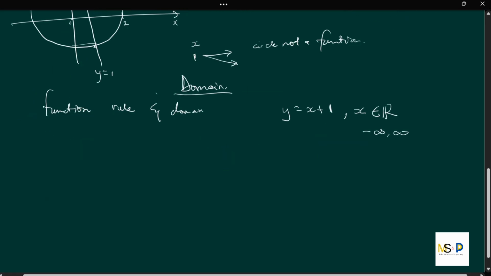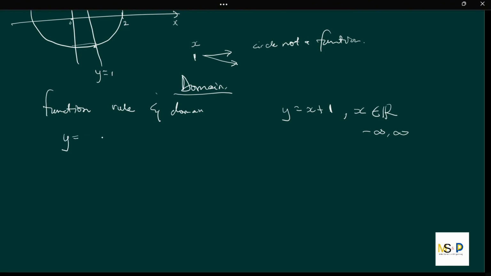So let's say I want to look at y is equal to the square root of x squared minus 1. We want to define this function properly, so we shall have to give it a domain.